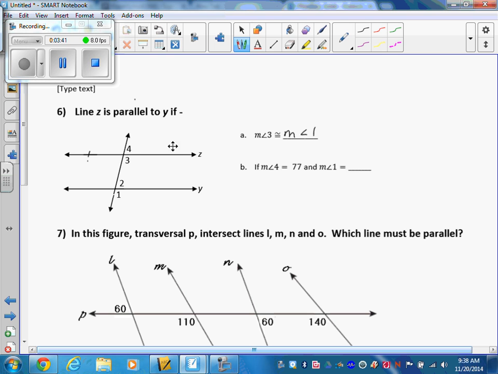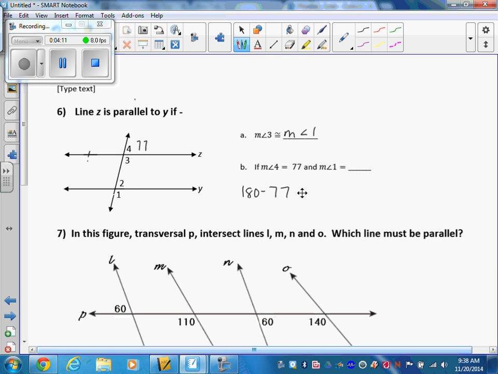The measure of angle 4 is 77, and the measure of angle 1 then has to be equal to 180 minus 77, because these two would need to be supplementary angles, or things that add to give you 180.